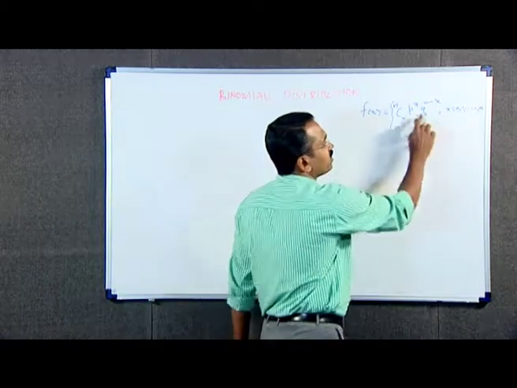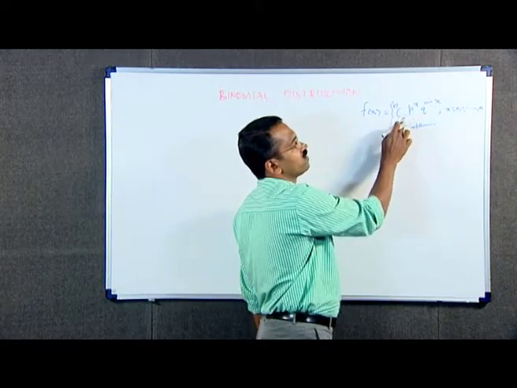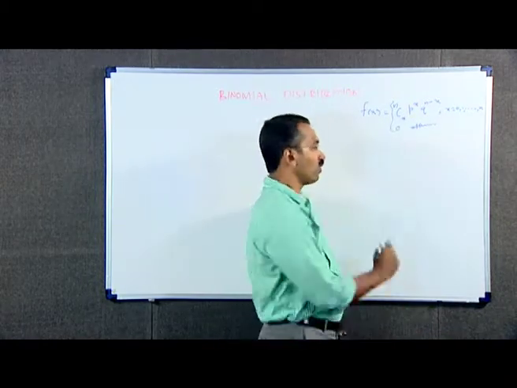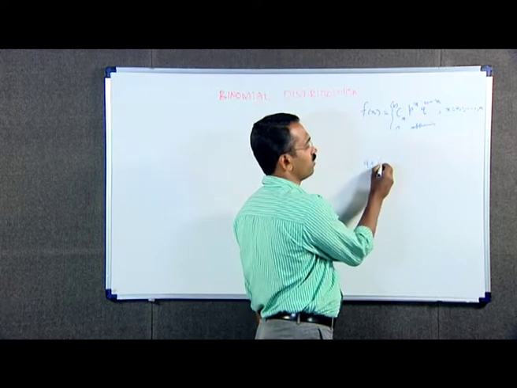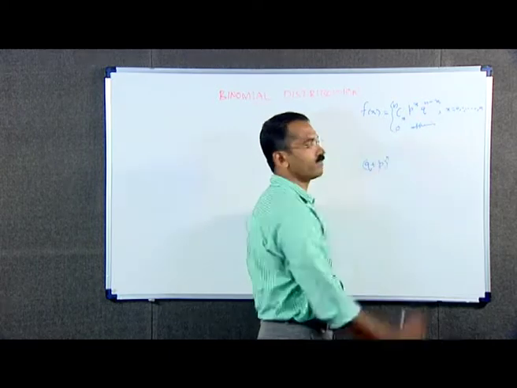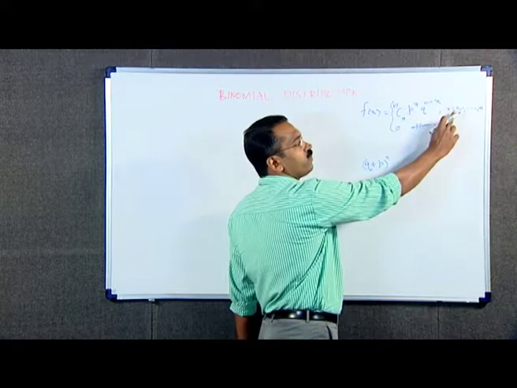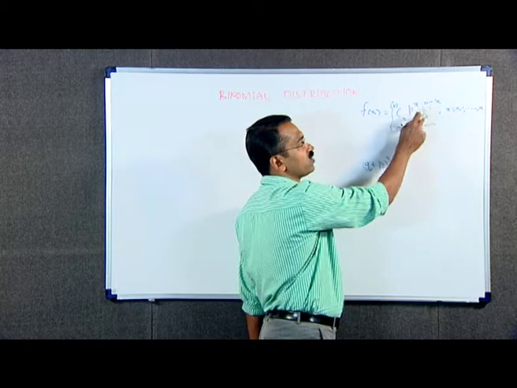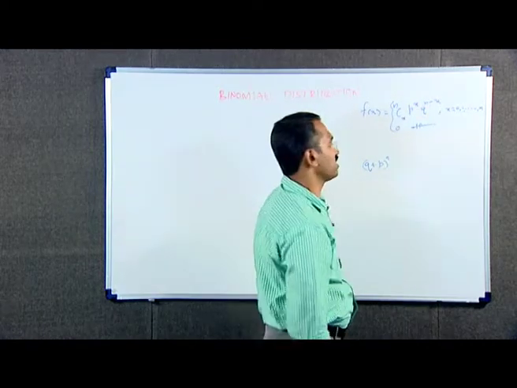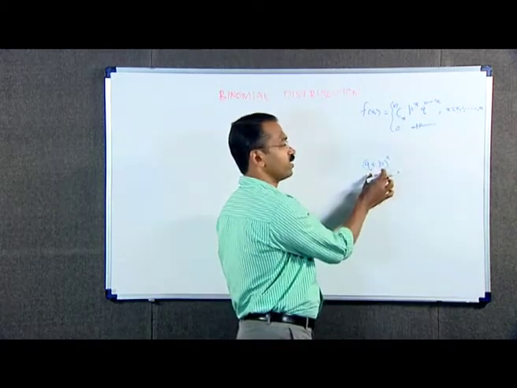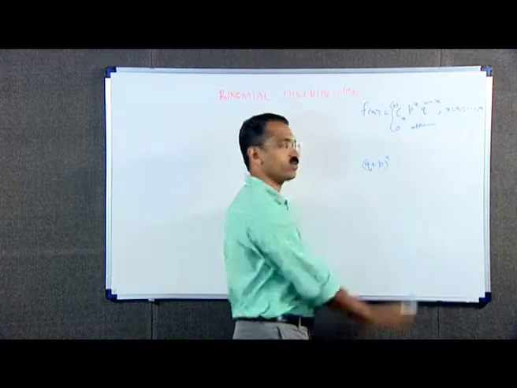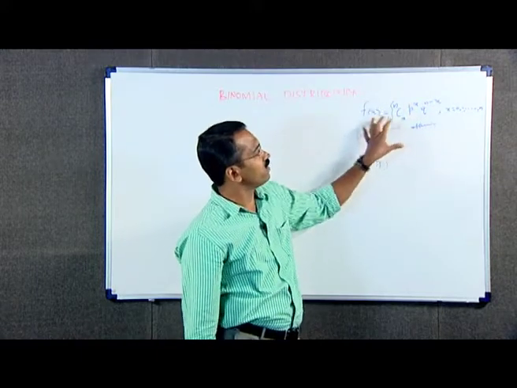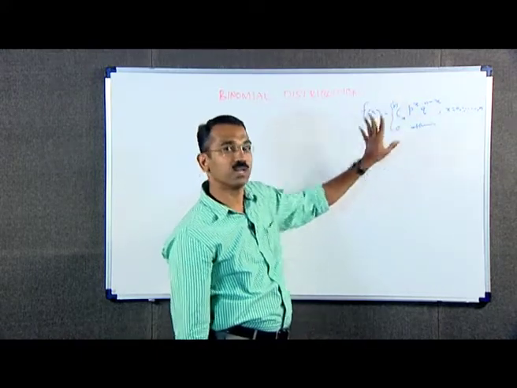If we put x equal to 0 here, we get nC0, p raised to 0, q raised to n minus 0, which is the first term of the binomial expansion of q plus p all raised to n. If we put x equal to 1, this term will become nC1, p raised to 1, q raised to n minus 1, which is the second term of the binomial expansion of q plus p all raised to n, and so on.